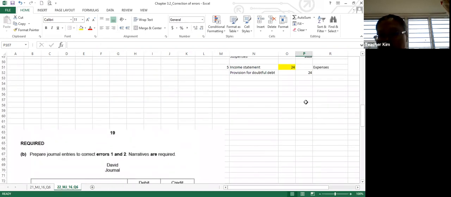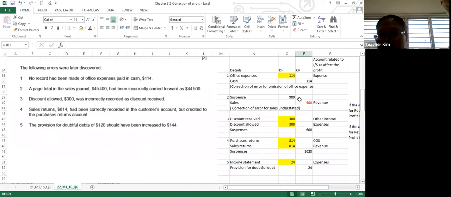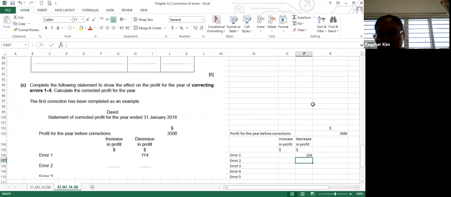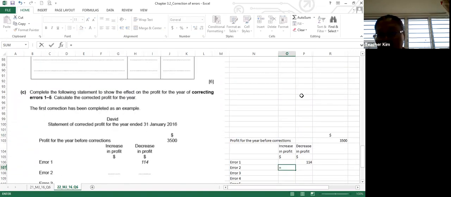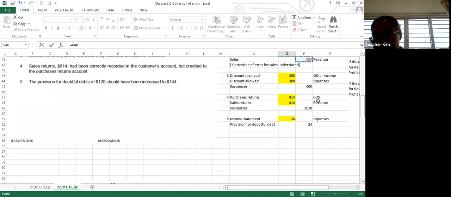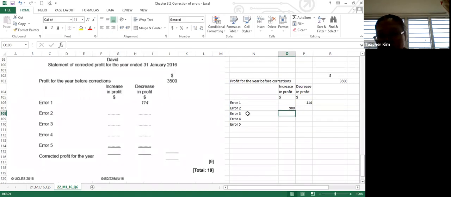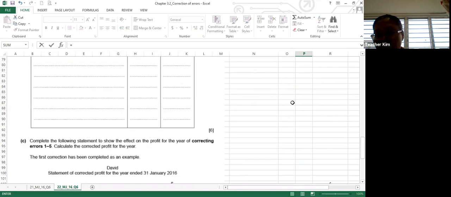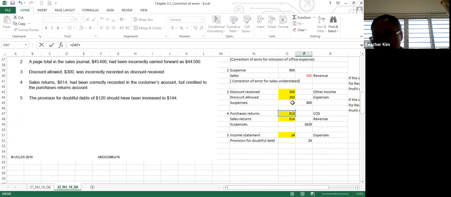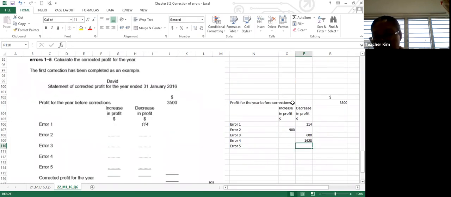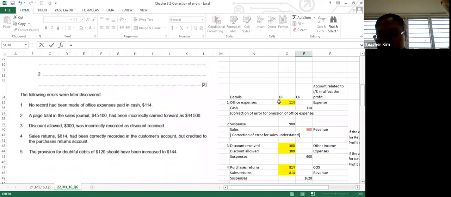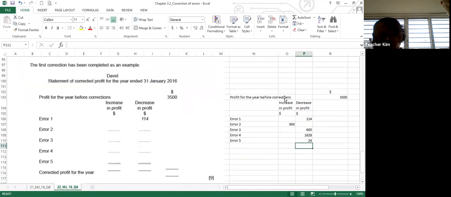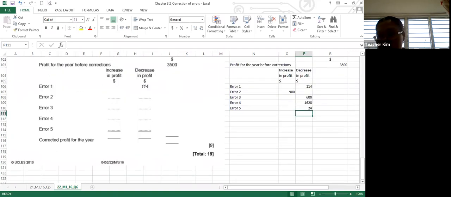Number two, we need to check our adjustment. This one is increased, so 900 increases the profit after adjustment. Error number three is a decrease, which is these two amounts added together. Error number four also decreases, so these two amounts added together. Error number five also decreases the profit. So now we can sum the total.